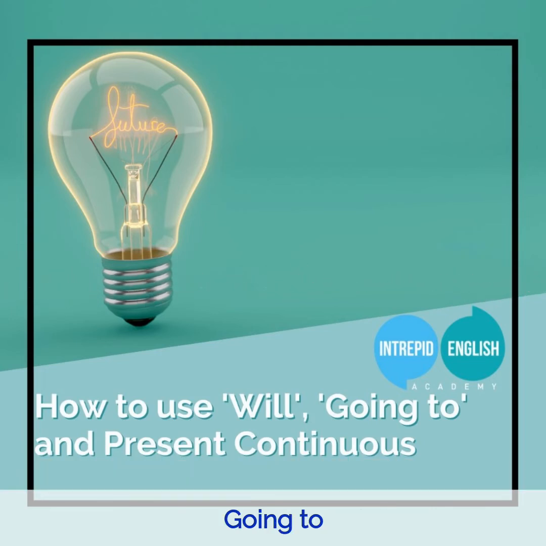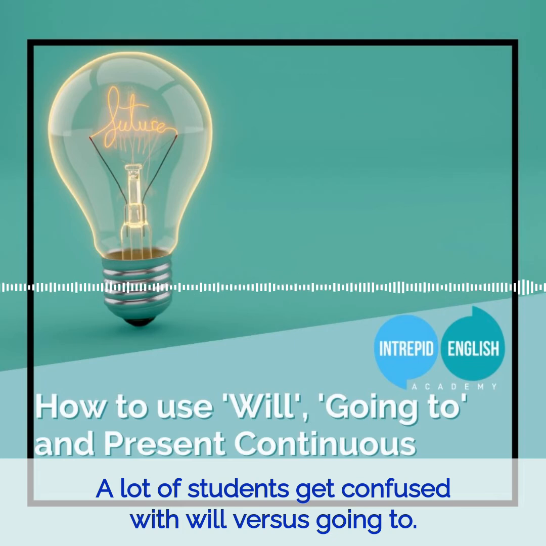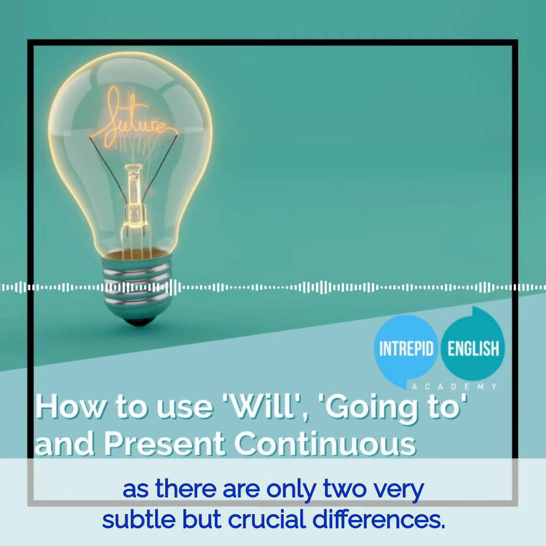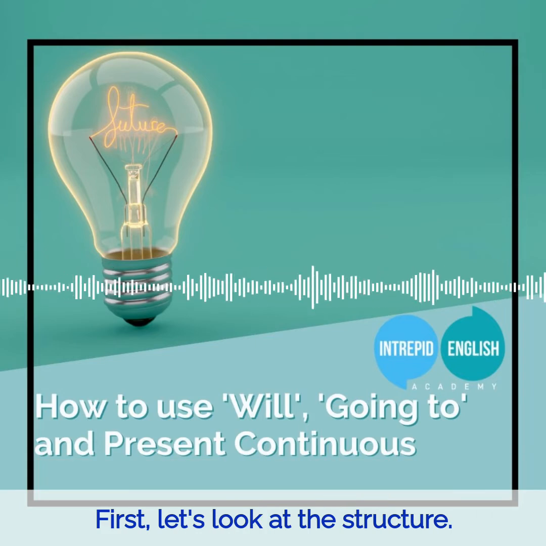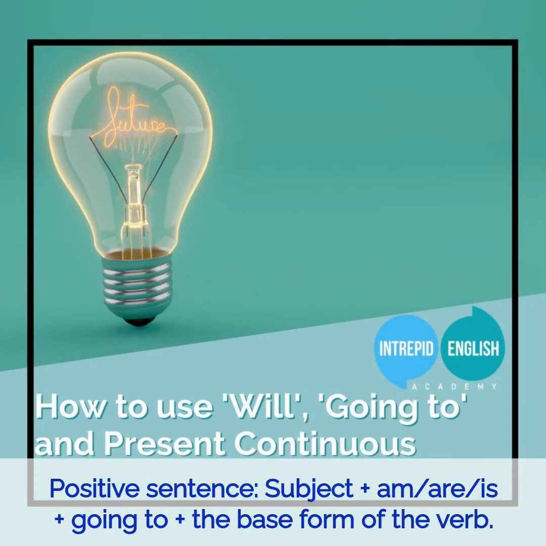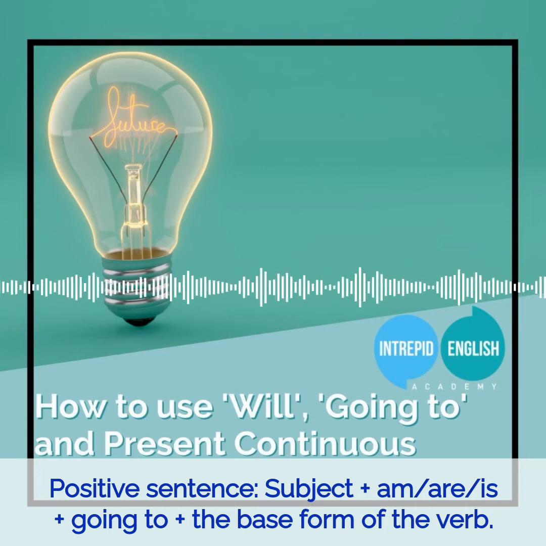Going to. A lot of students get confused with will versus going to. It's easy to understand why, as there are only two very subtle but crucial differences. First, let's look at the structure. Positive sentence: subject plus am, are, or is plus going to plus the base form of the verb.